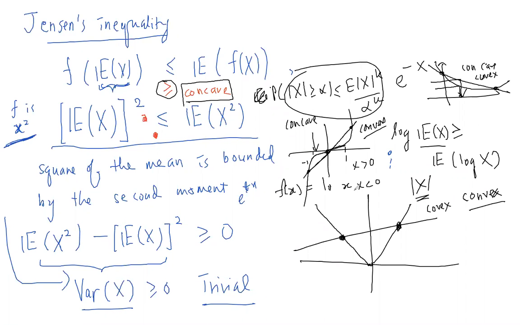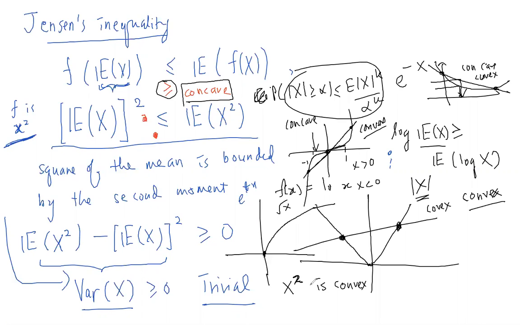Square root of x, okay, interesting. Square root of x, you will have a curve like this, right? And it's definitely concave. That's good, because if your x squared is convex, then it's the inverse.